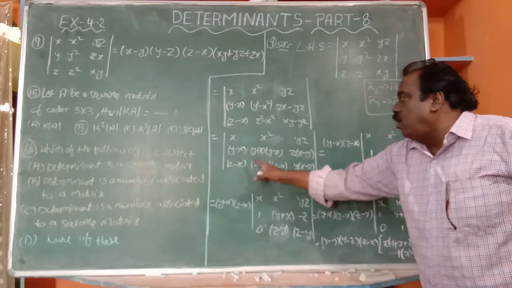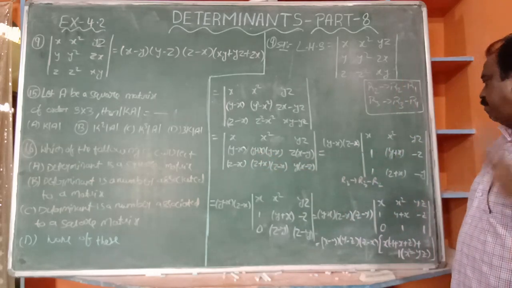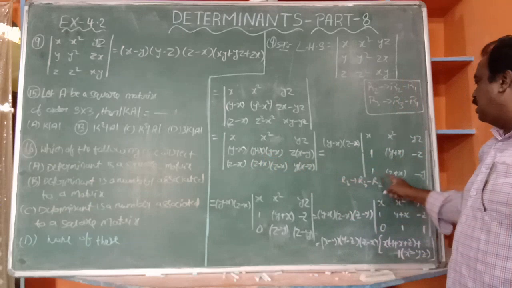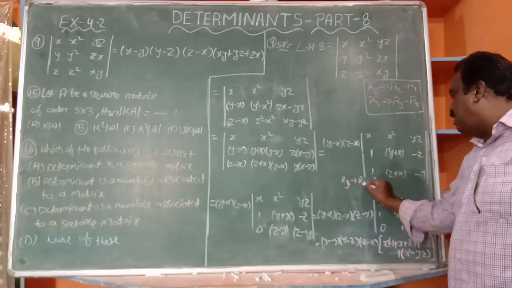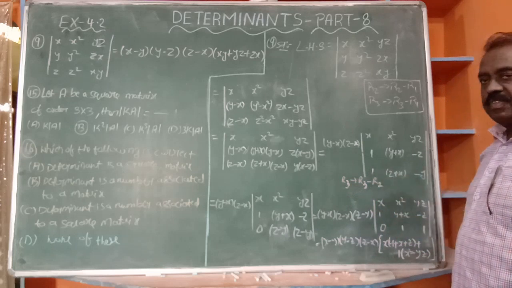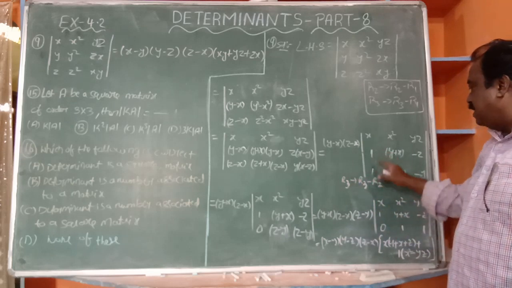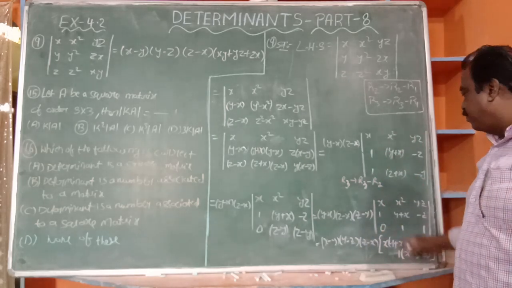Here it is 1, 1, here y plus x, z plus x. Now R3 will become R3 minus R2, in order to get 0 here.